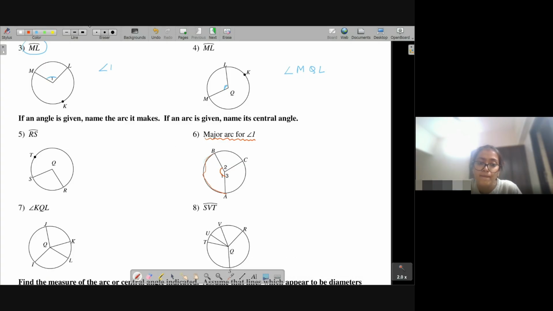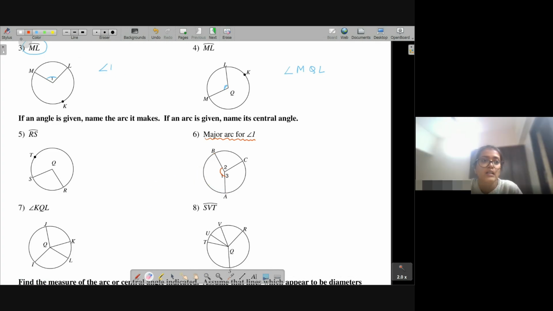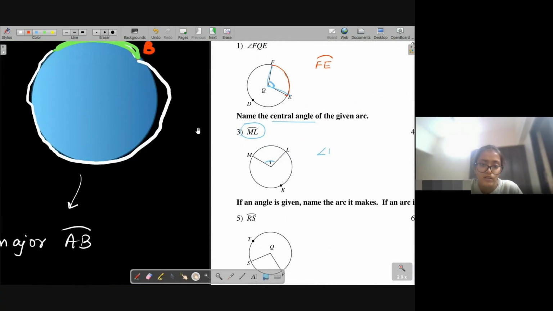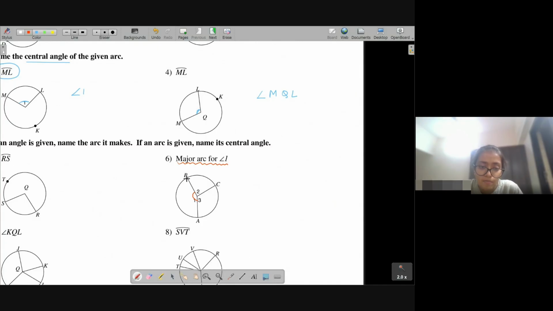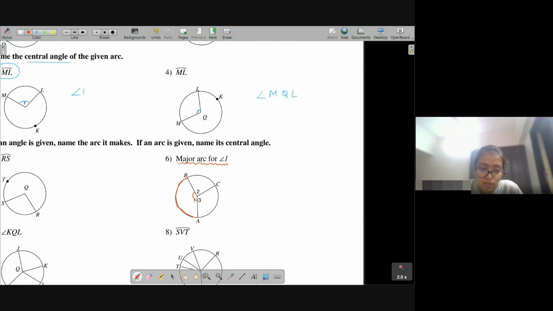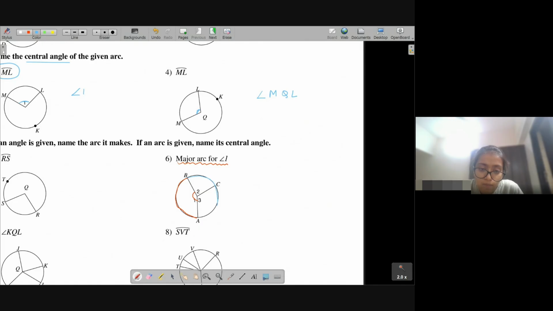I'm confused. It's okay. We just learned that the major arc will be the bigger one. Now, if you see angle 1, you would think that this one is the major arc. But which one do you think looks bigger, the red one or the blue one?